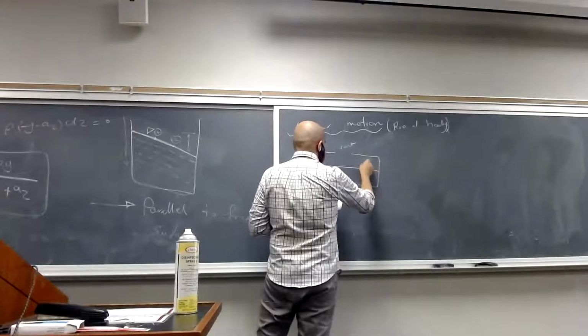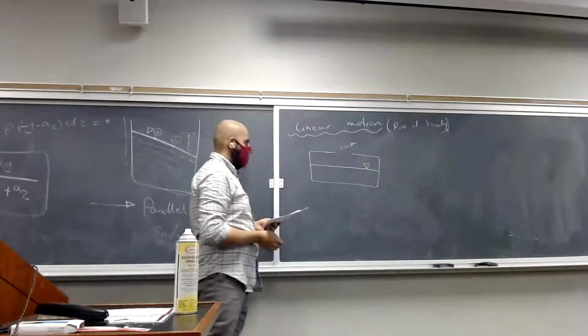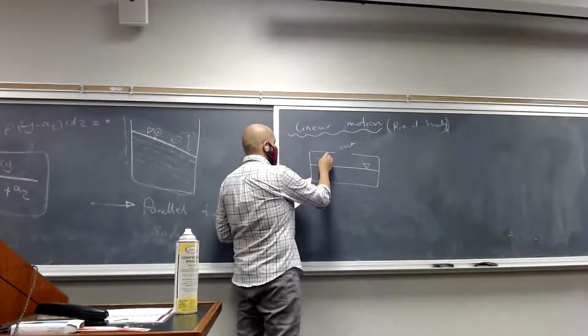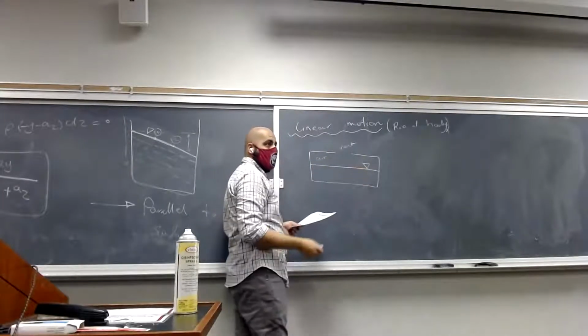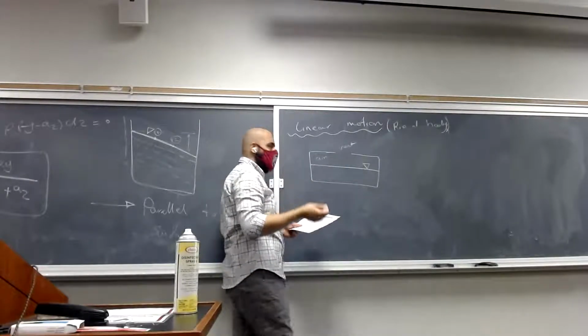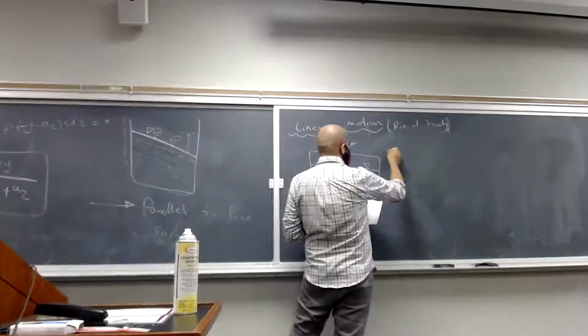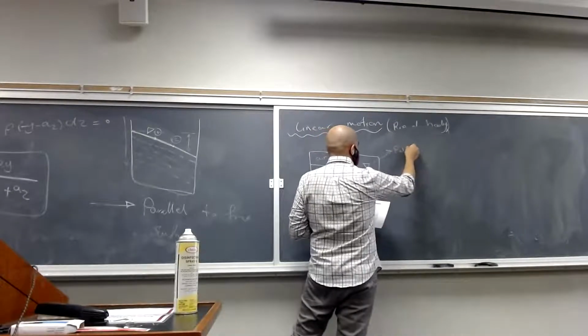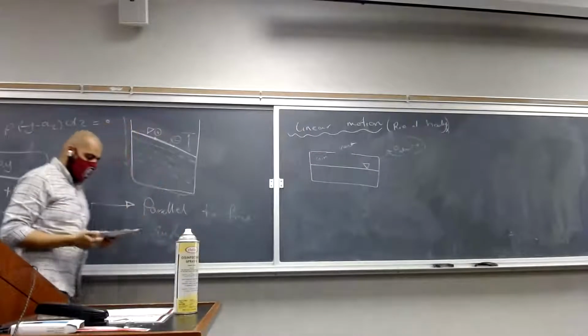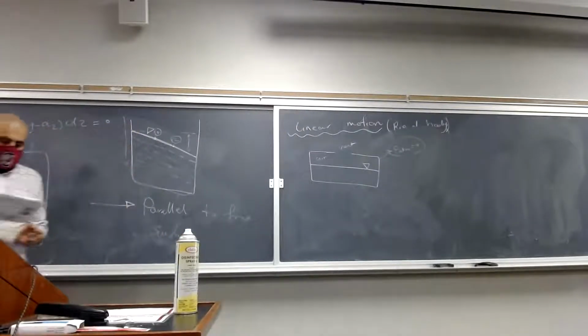And there is some liquid, some fuel inside, which means this is going to be the free surface. The pressure here is atmospheric pressure, which in terms of gauge pressure is 0, right?